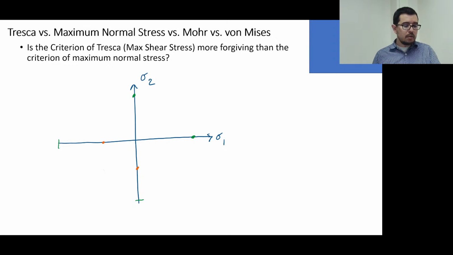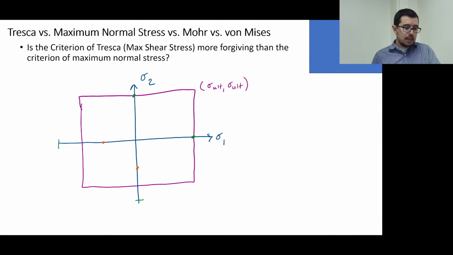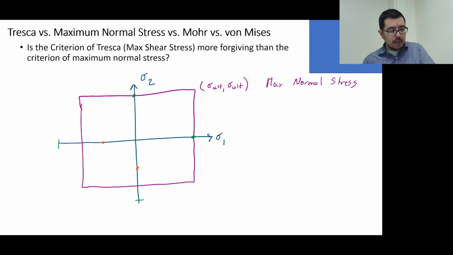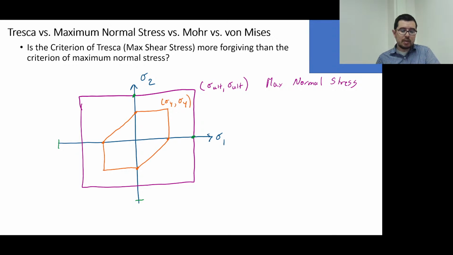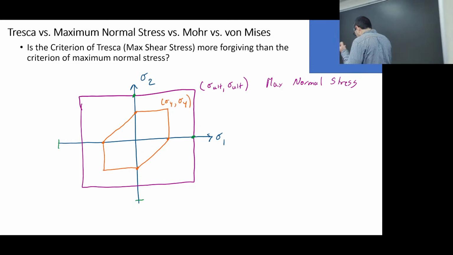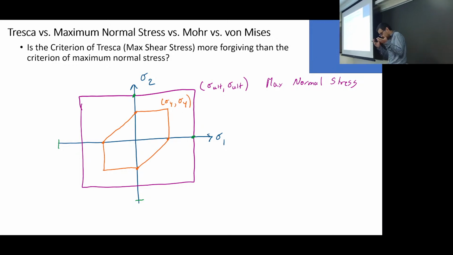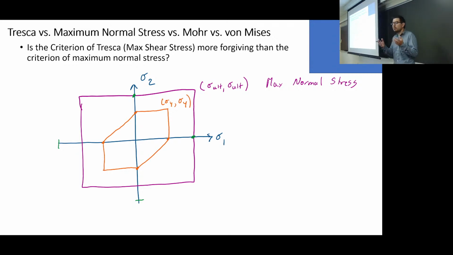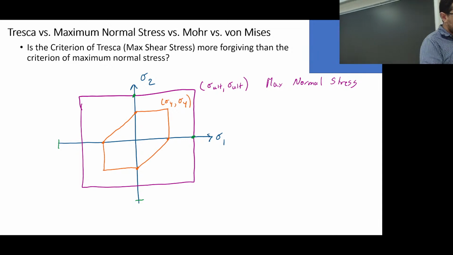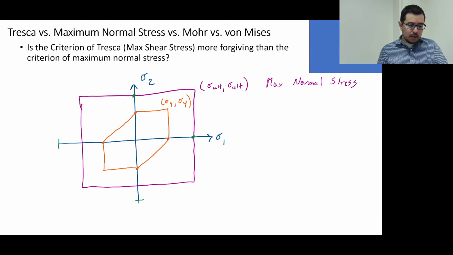So is the von Mises criterion or Tresca more forgiving? Well, let's just try to map all these out. Maximum normal stress, it's a little bit hard to compare them because they're for brittle materials and they have different, often these ultimate compressive or ultimate tensile strengths are higher than the yield strength of the material, okay?